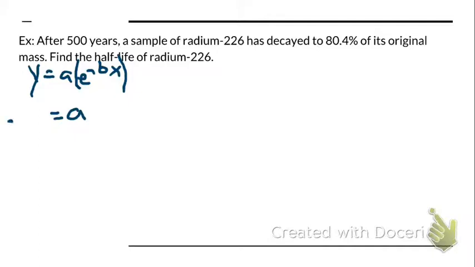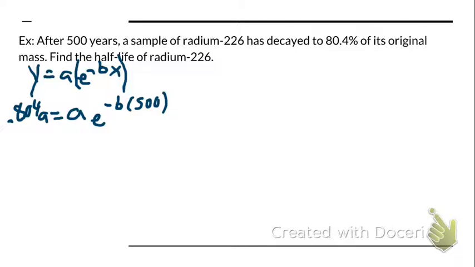So we can express y in terms of the initial amount, because we know it was 80.4% of a. So 0.804a represents 80.4% of the original amount. Alright, so then we'll do e to the negative b, and then x we know is 500, because we set y equal to 80.4% of the original amount.